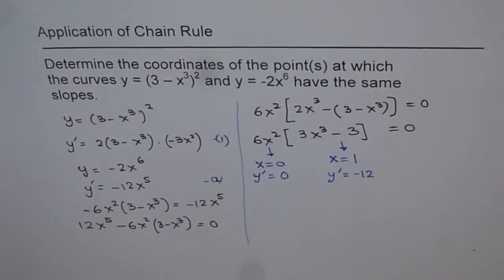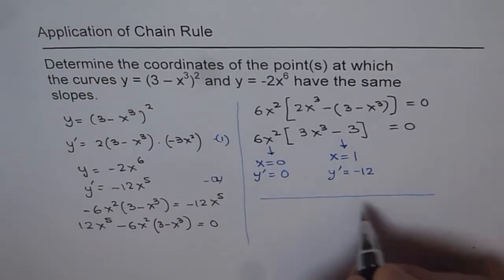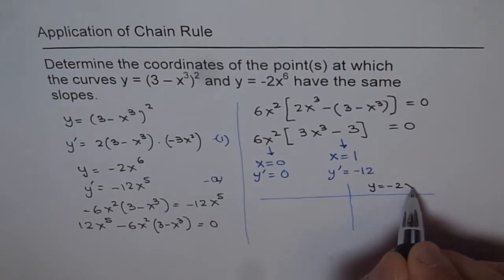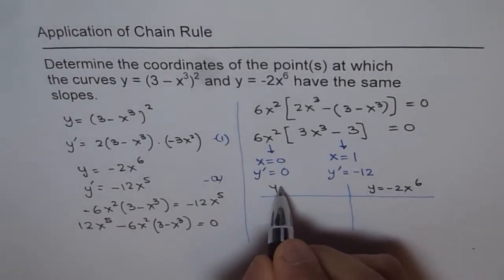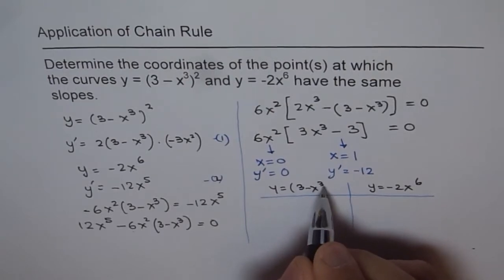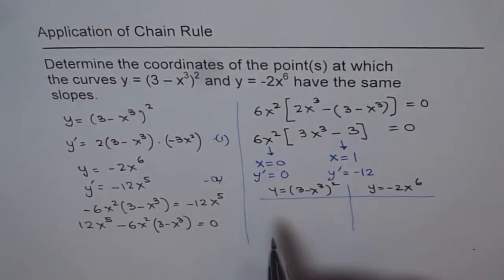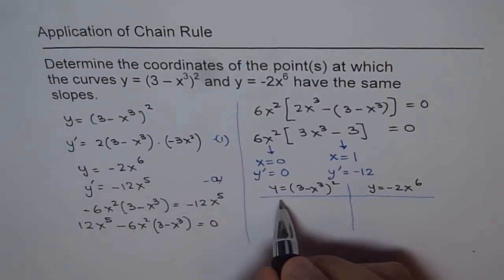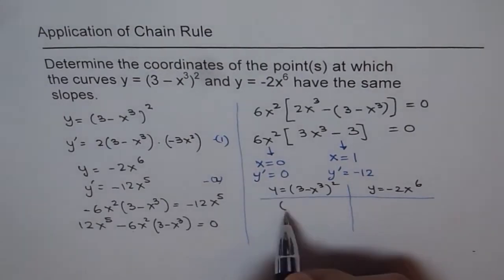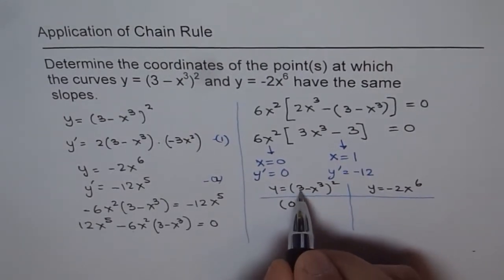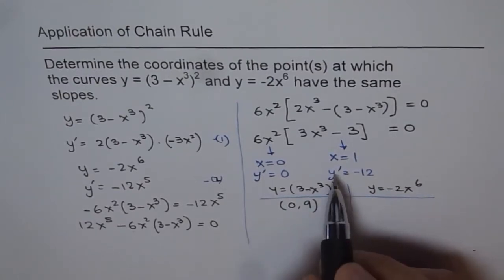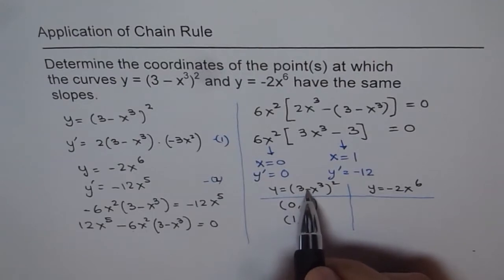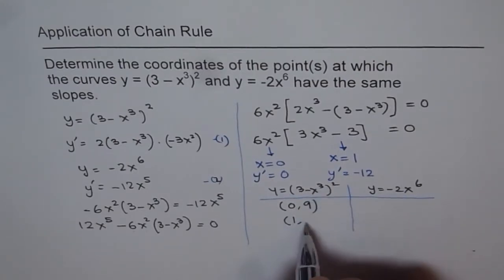Now, as you know, we have two different equations, right? One is y equals minus 2x to the power of 6, and the other one is y equals (3 minus x cubed) whole squared. Now for x equals 0, what are the points? You plug in 0 here, so the coordinate point on this curve at x equals 0 will be, 3 squared is 9, right? And if I put 1 here, then 3 minus 1 is 2, 2 squared is 4.